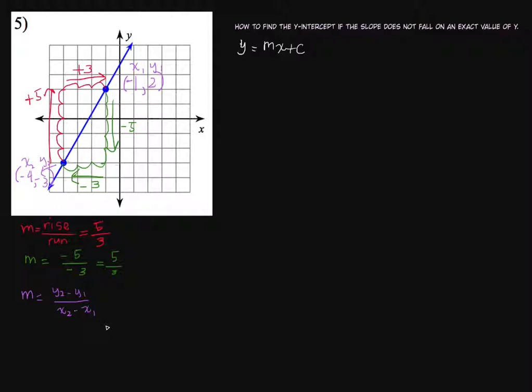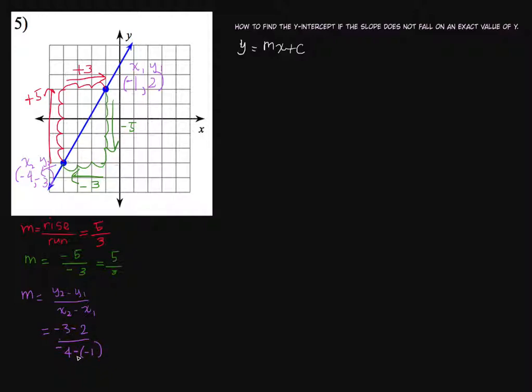Then all you have to do is to simply substitute. What is my y2? y2 is negative 3, minus y1 over here, which is 2, divided by, this is my x2, minus 4, and this would be my x1, minus 1.